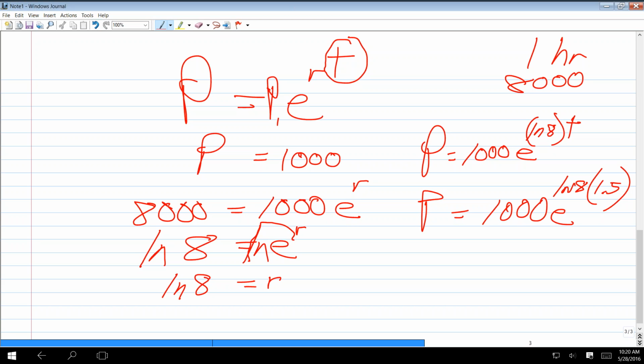I was using the letter e. You were using the green e. Yeah. So let me try this again. 1,000 e to the natural log of 8 times 1.5. Now you may need an extra set of parentheses around that. I got it. I got the answer.